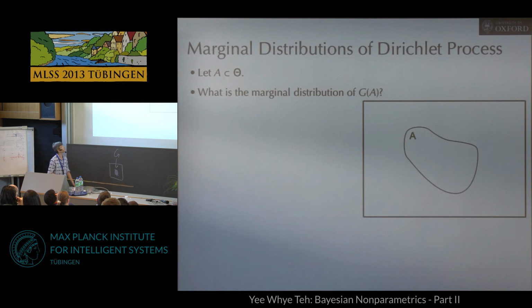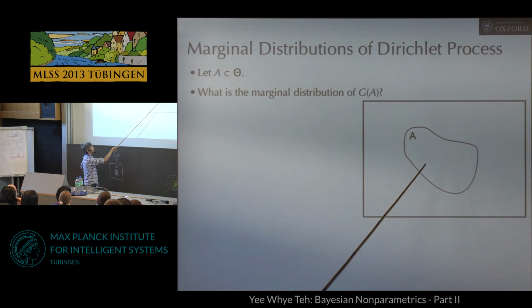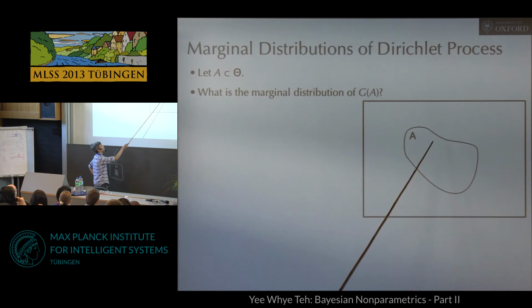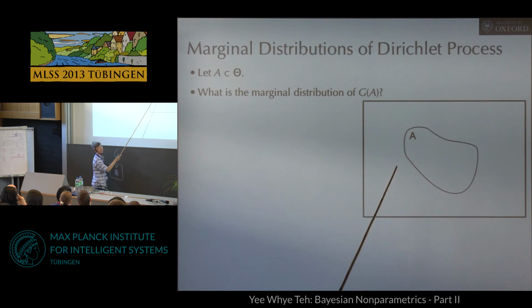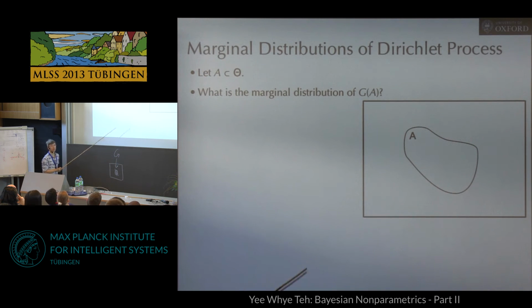Let's imagine that we have some event A. Our probability measure is going to live over a space given by theta, and let's look at a measurable subset A. We can ask what's the distribution of the mass that the random probability measure gives to this subset? That's going to be a random variable because the probability G is random.